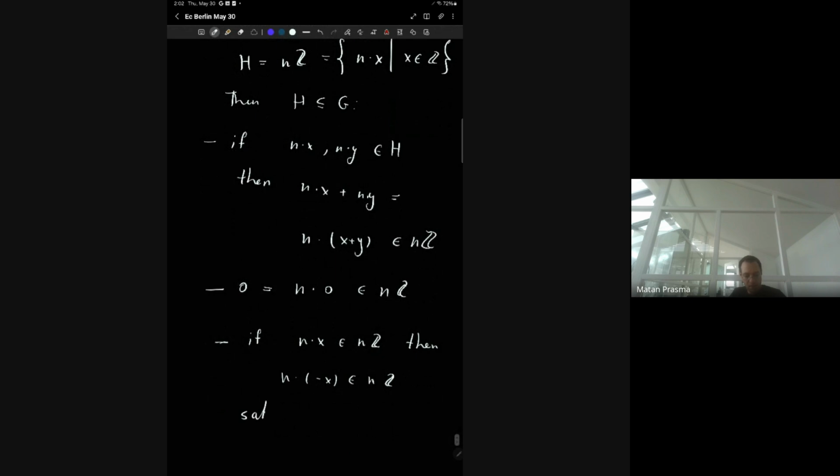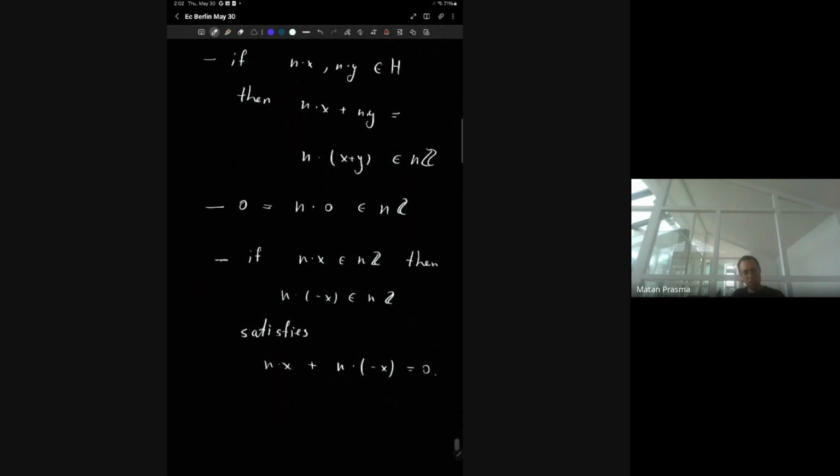It satisfies nx plus n times minus x equal to 0. Okay, so nZ, all the multiples of a given integer, is a subgroup of the integers.